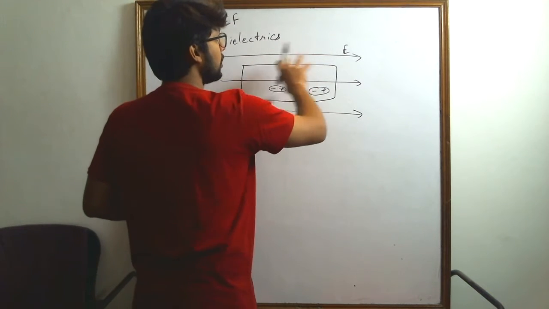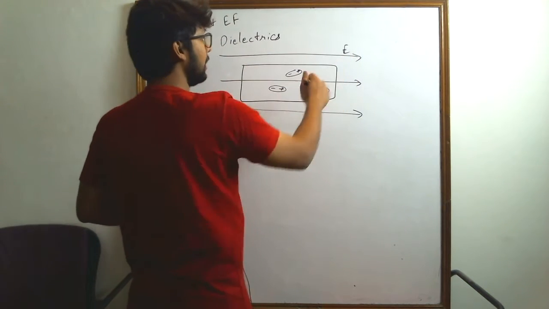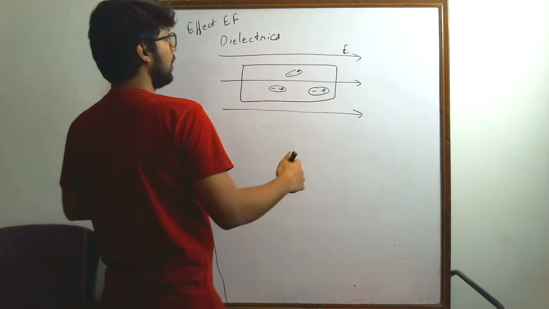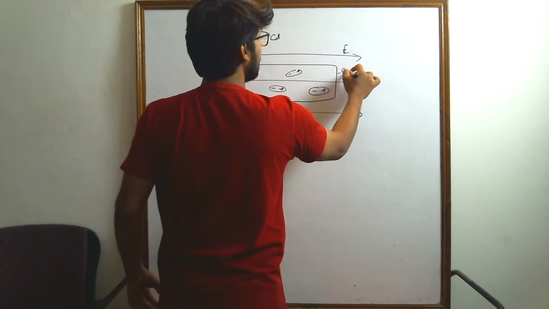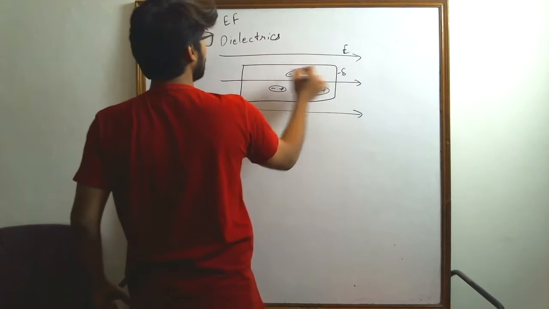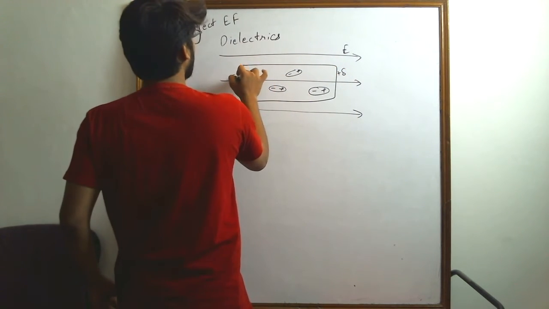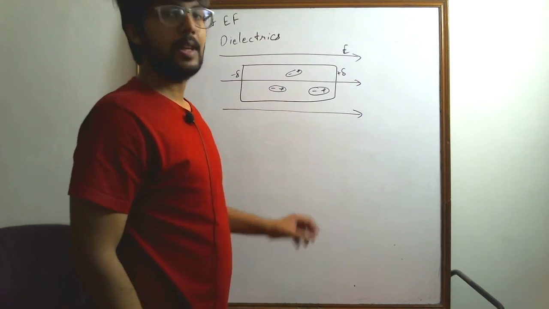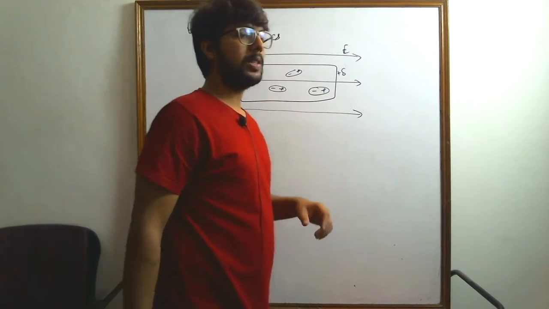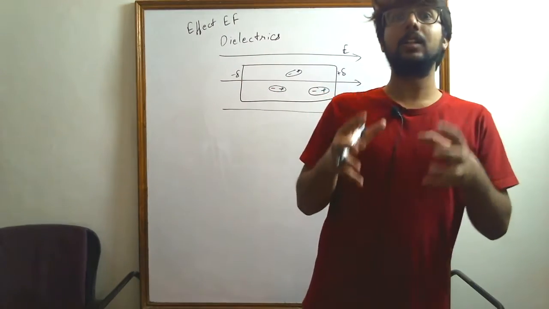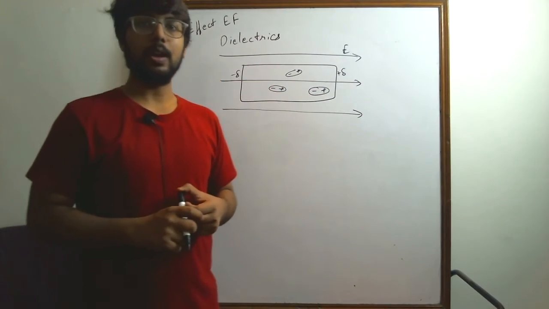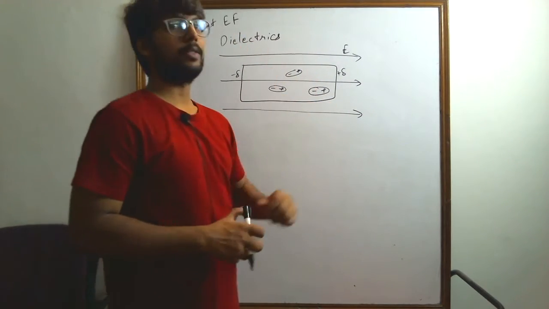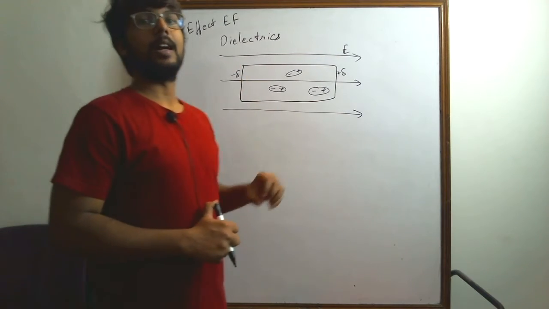The positive charge is towards the electric field direction, the negative charge is this way. What happens is there is a partial charge created on the surface, which in turn produces an electric field, an internal electric field inside the dielectric as well.